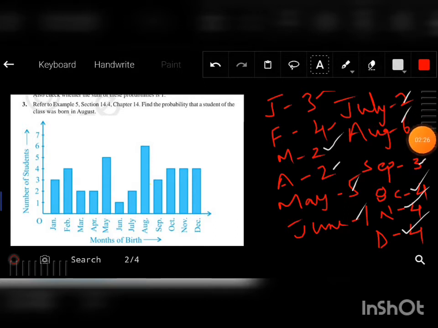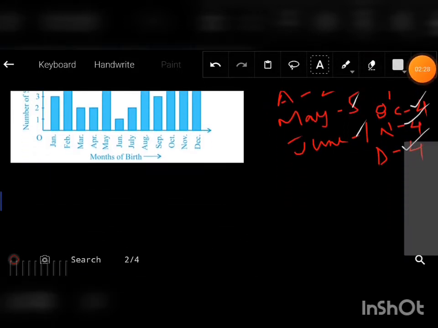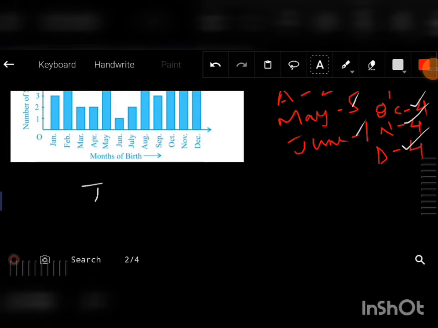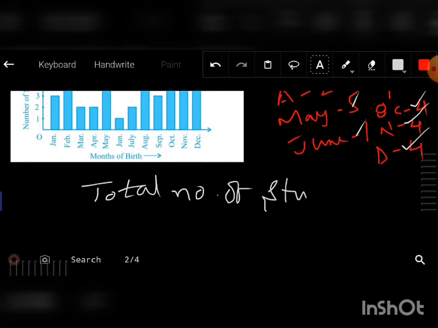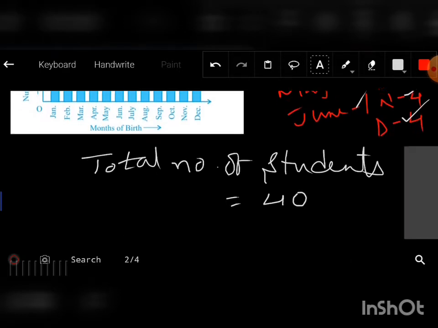So the total number of students is 40. That means total outcomes here is 40.